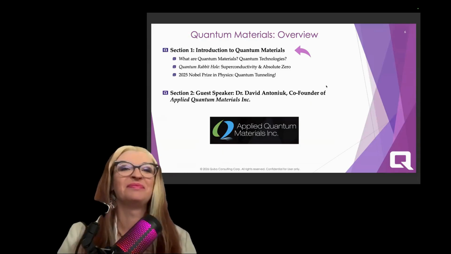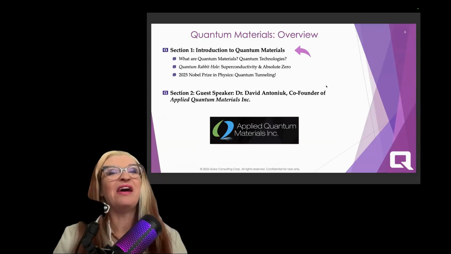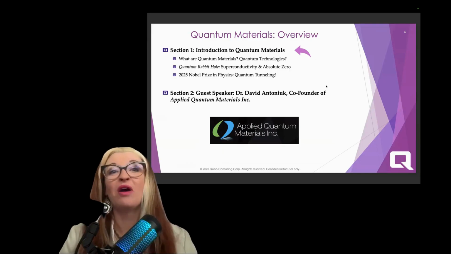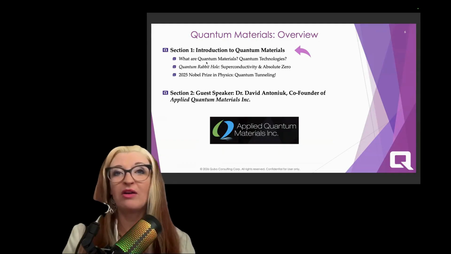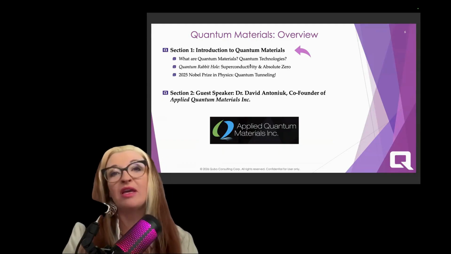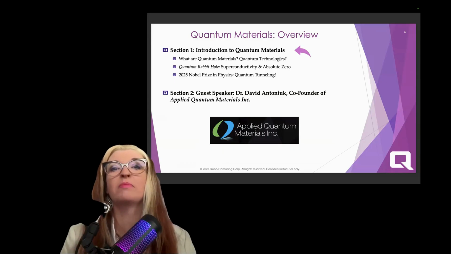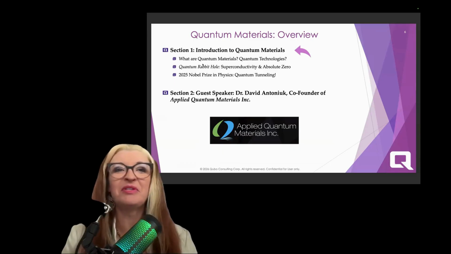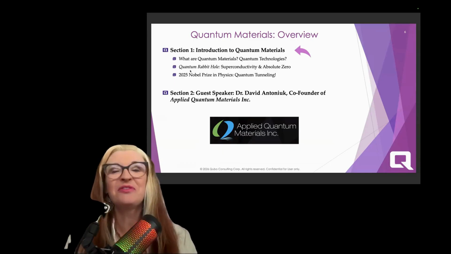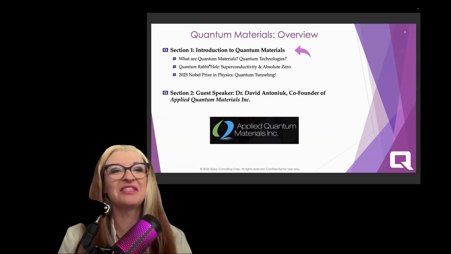All right. So today, as I said, we're going to talk about quantum materials. I'm going to give a brief introduction into what are quantum materials, how do they connect to different quantum technologies. We're going to do a quick little deep dive, not too technical, but I'm still calling it a quantum rabbit hole because I think it's cute.